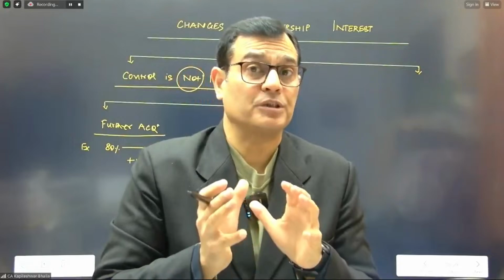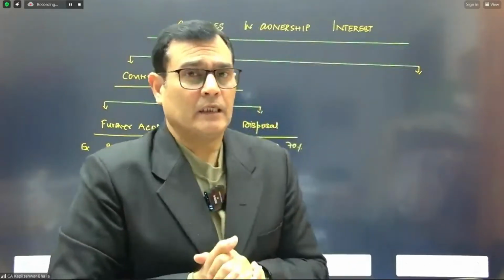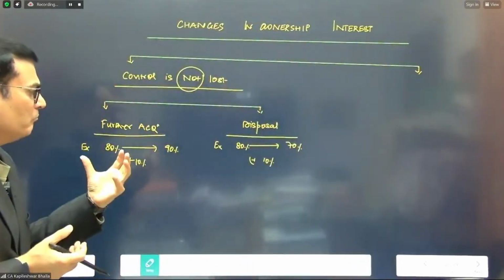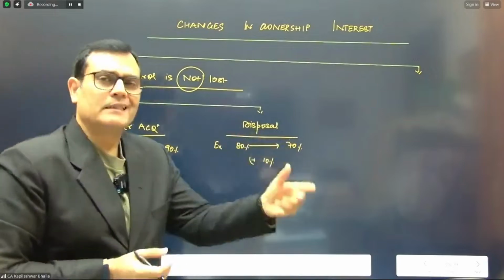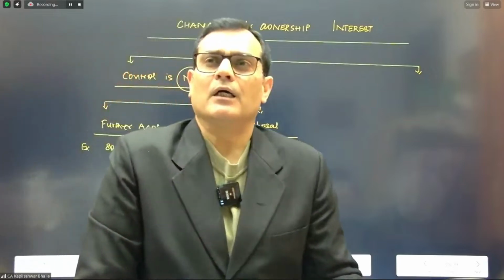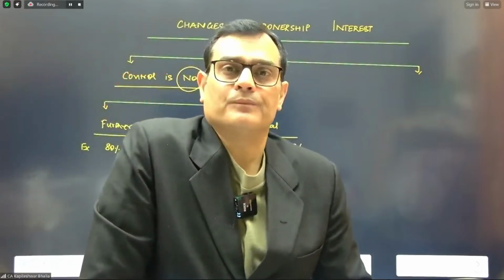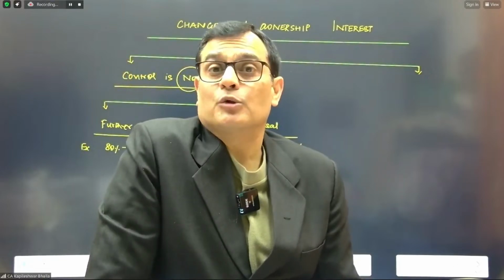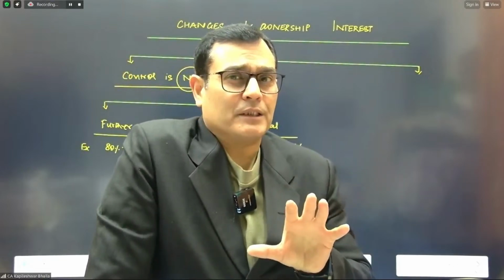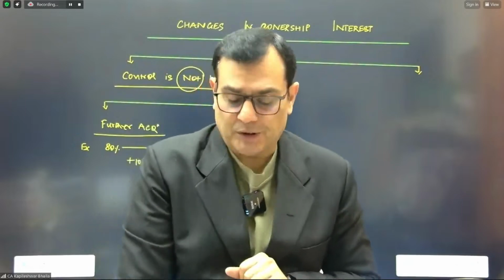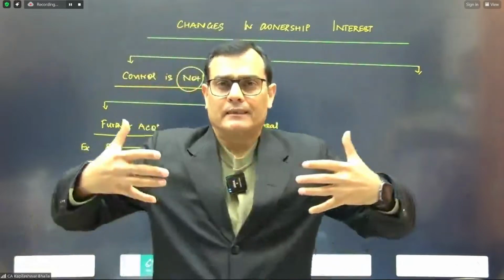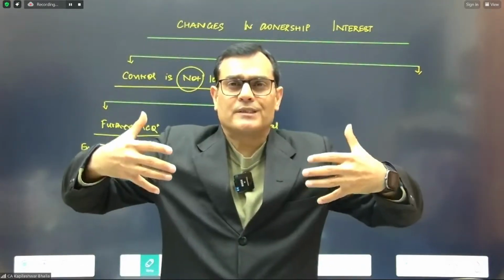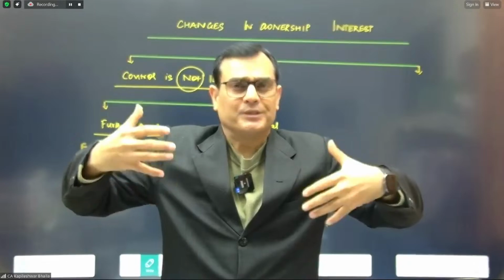Now, the crucial question arises. If a company acquires more stake or sells off a certain stake, are you going to change the goodwill? No. The goodwill identified earlier does not undergo a change. When there is a transaction which does not change the control, we only say that two equity shareholders are transacting with each other.